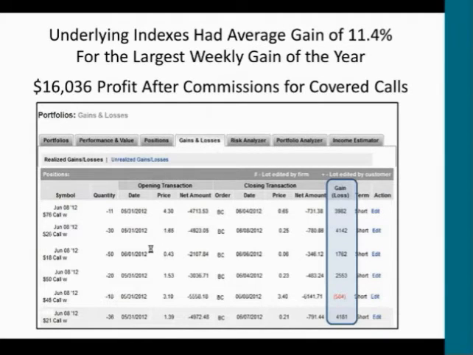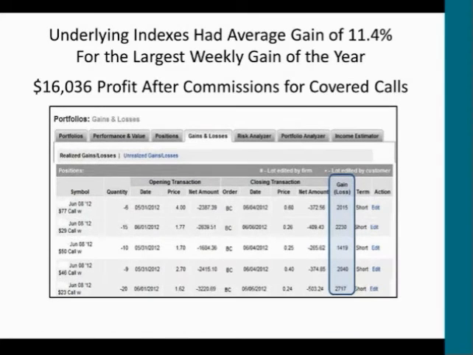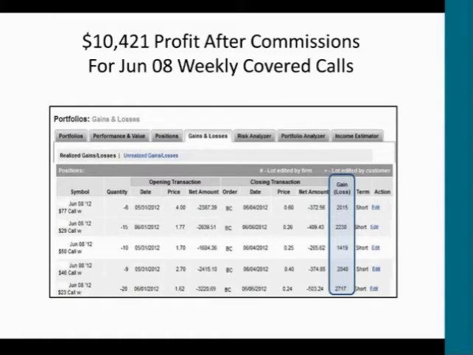And here are the actual closed out trades for that week. And this was in two of my retirement accounts. This account had a $16,000 profit after commissions with the covered calls. And this account had a $10,000 profit.